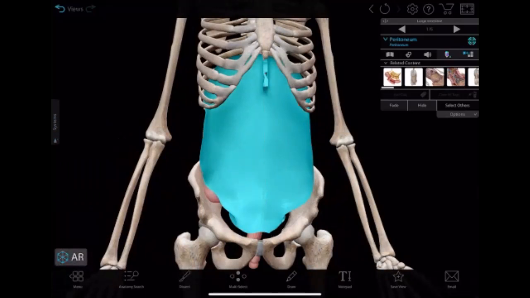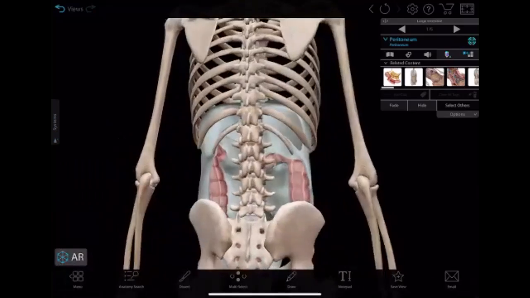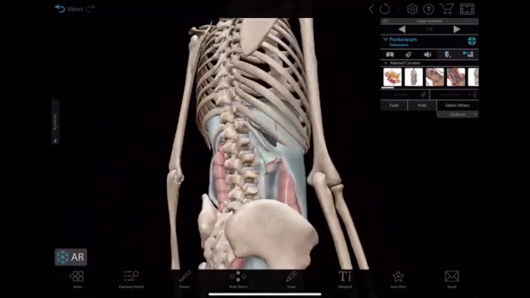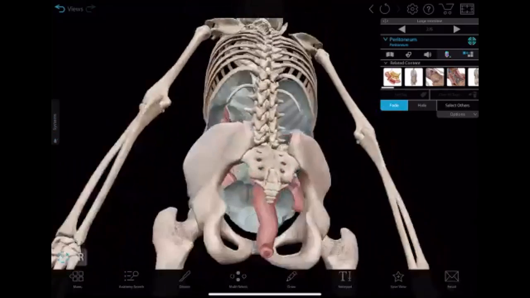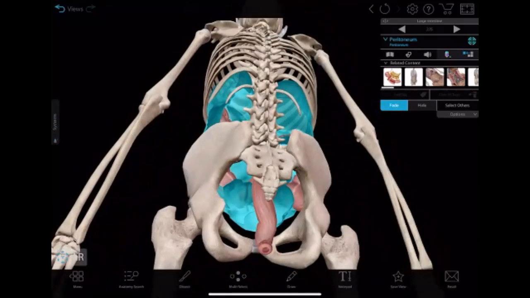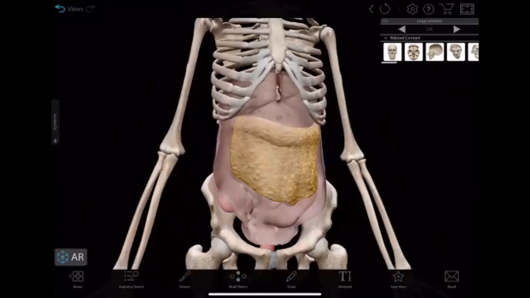This is the peritoneum, right? Those are the retroperitoneal things, right? Here the cecum, you can clearly see the cecum is not covered by peritoneum, right?